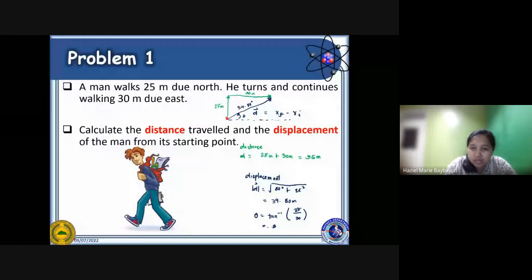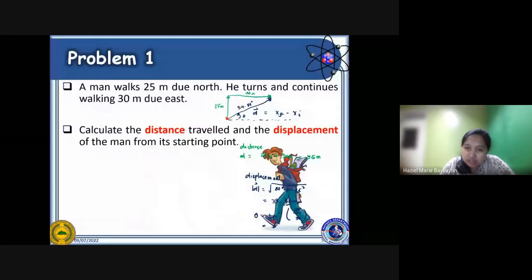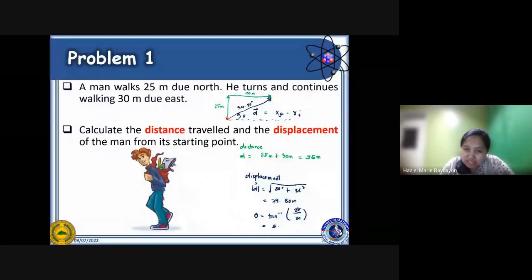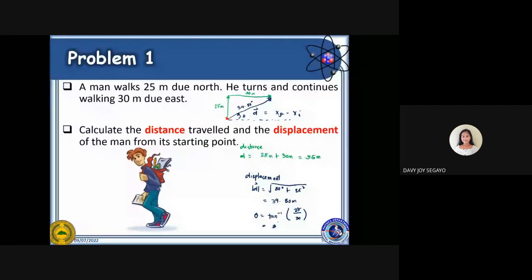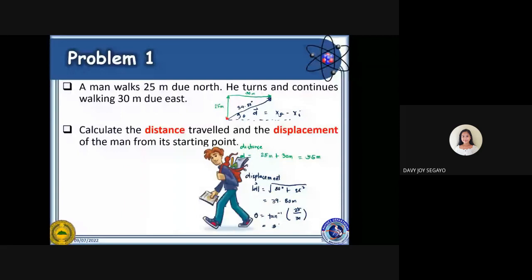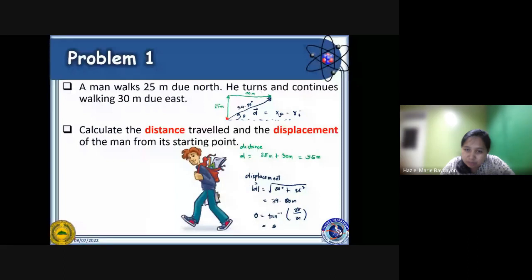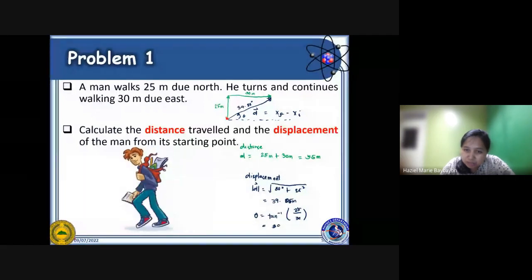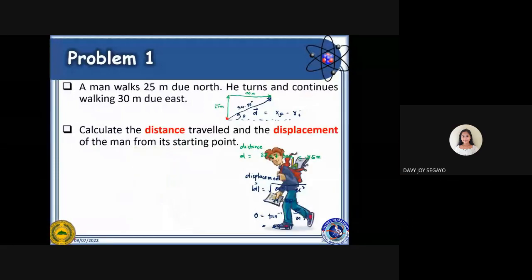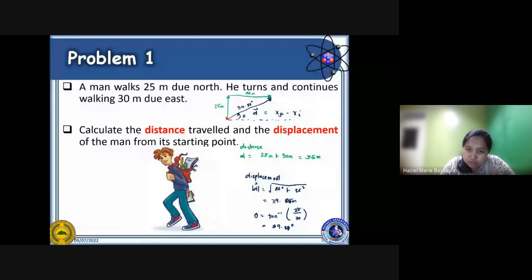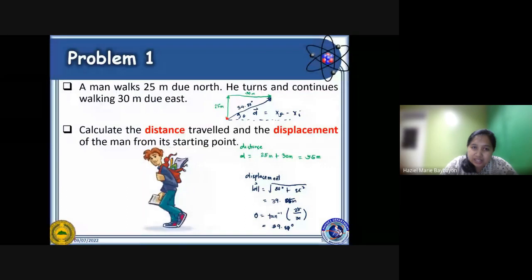Then theta is 39.81 degrees. The displacement is 39.05, and this one is 39.81. Yes, degrees, ma'am. Yes, right. So, we can write the displacement.